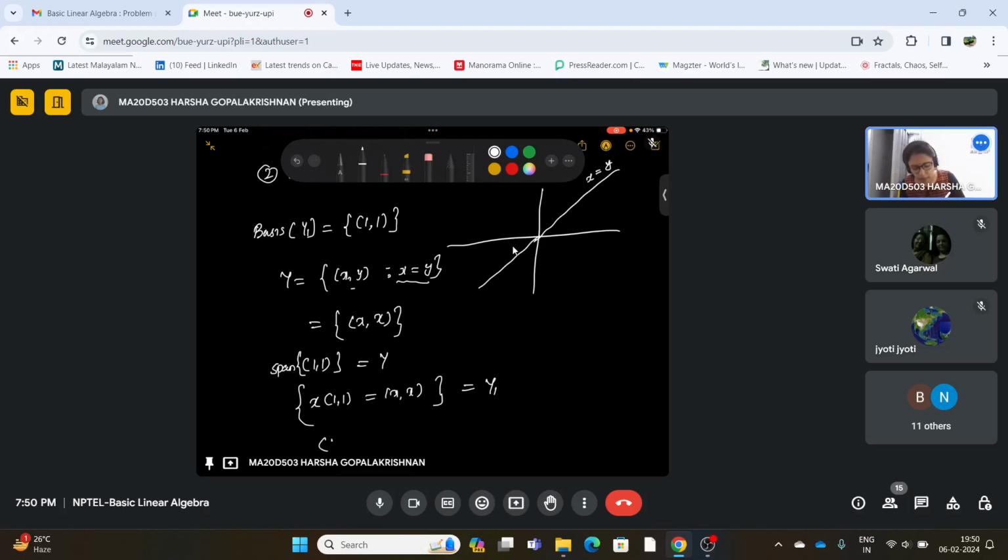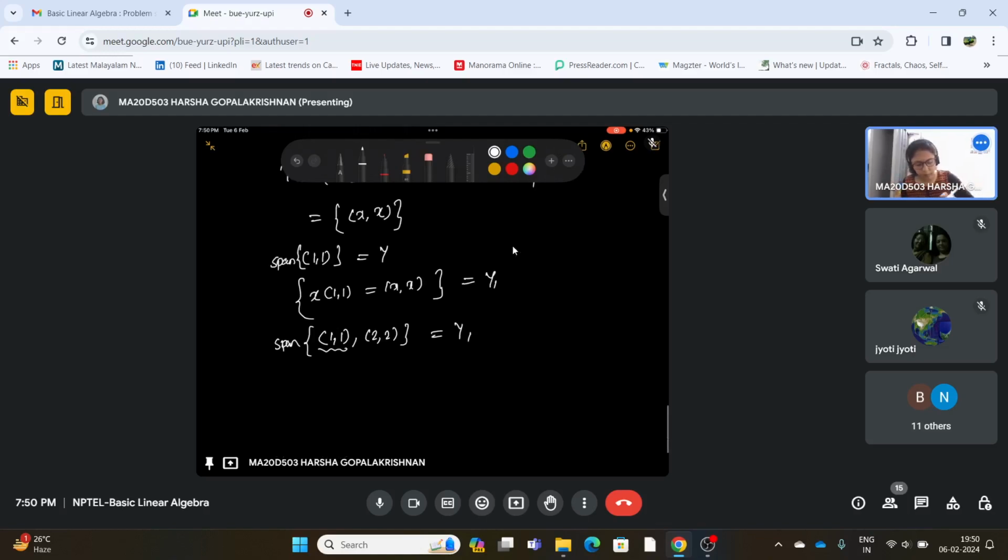So this is our y1, and a smaller set than (1, 1) cannot span. For example, span of {(1, 1), (2, 2)} is also our y1. But the smaller set {(1, 1)} can generate or span whole y1. But if b is a proper subset of {(1, 1)}, then span of b is not equal to y1.